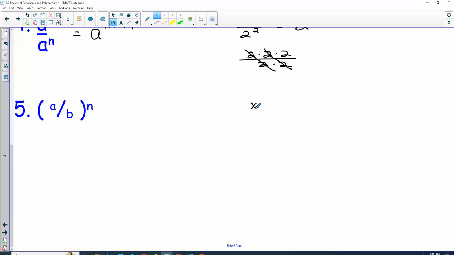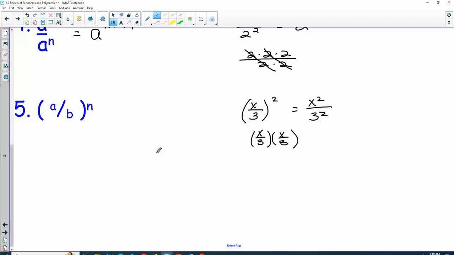I said x divided by 3, squared. That means I have x divided by 3 two times. So if you multiply that, you get 2 x's and 2 3's. So just like rule number 3, what are we doing with those exponents?